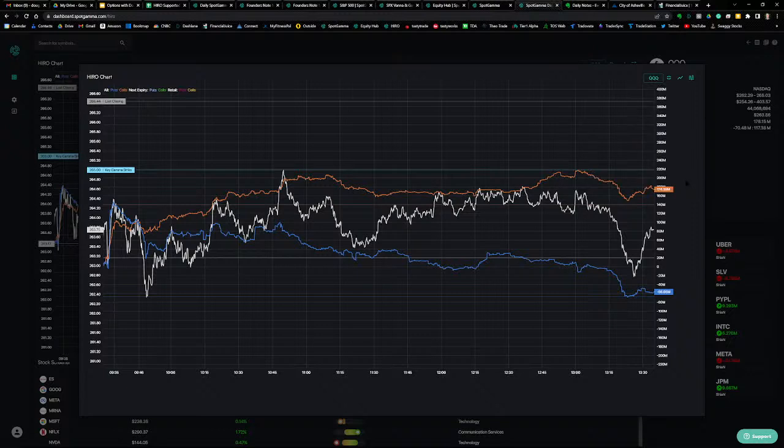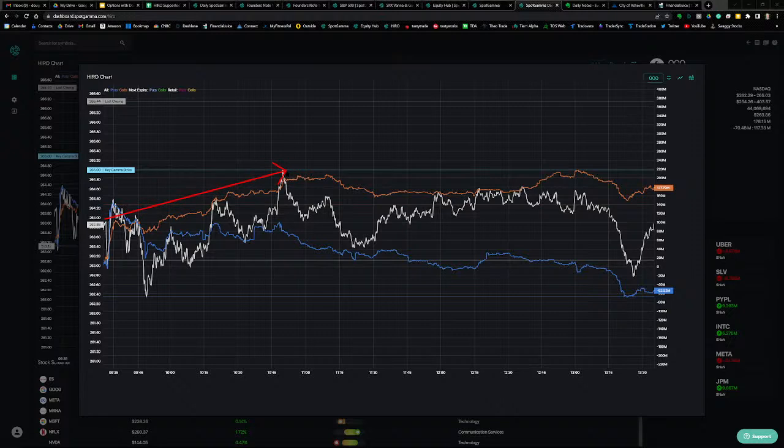And the same thing here in QQQ in the morning. So traders buying calls from the open, price dropped and then reverses higher.